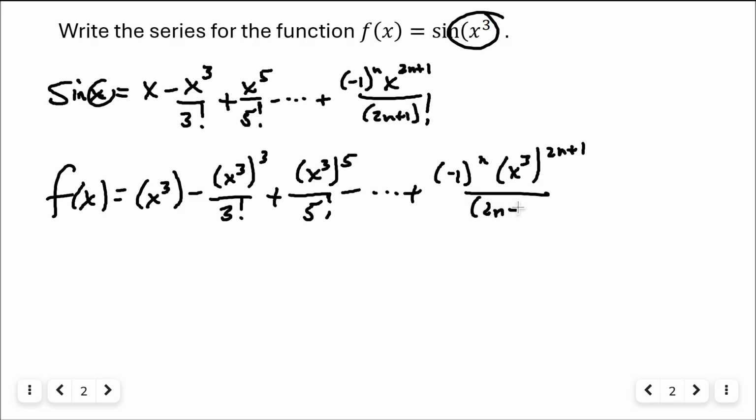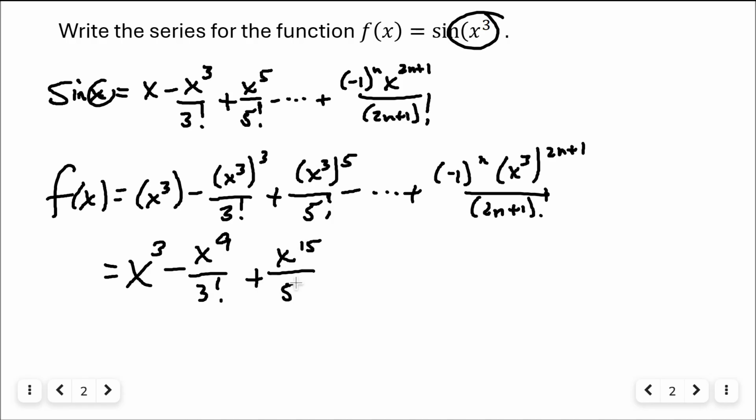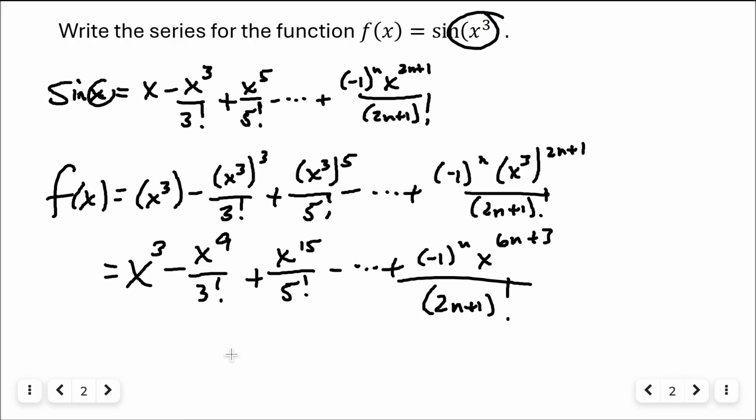All right, so we replace x with x cubed, and then we'll have x cubed minus x to the ninth over 3 factorial plus x to the 15 over 5 factorial minus plus negative 1 to the n. That's just going to be x to the 6n plus 3 over 2n plus 1 factorial.